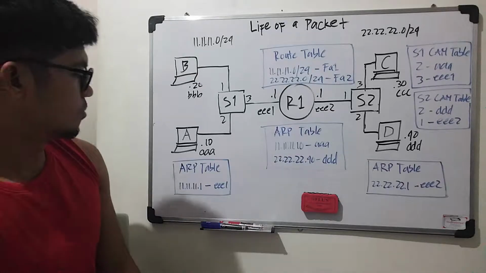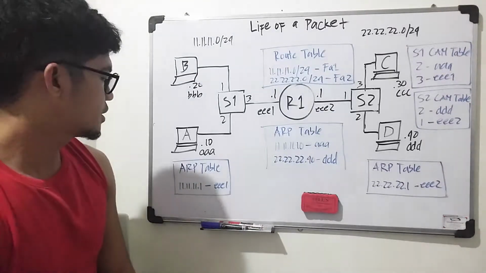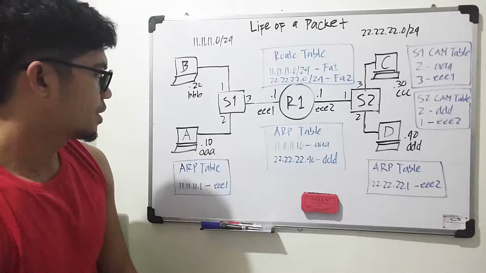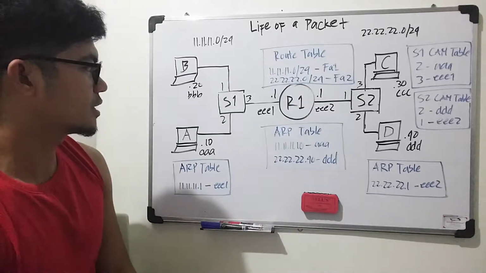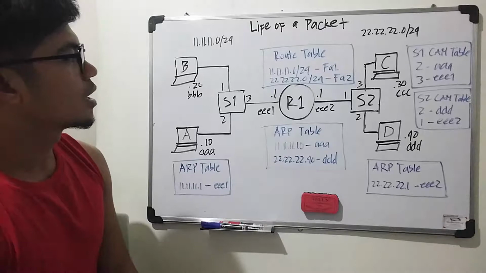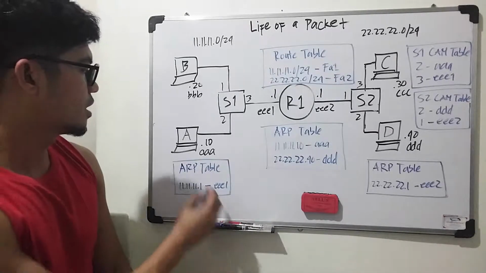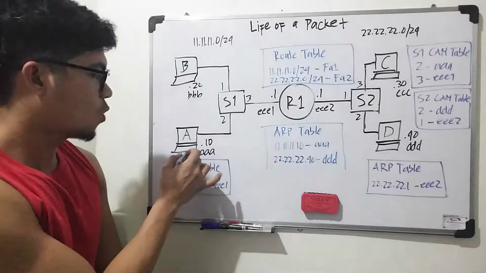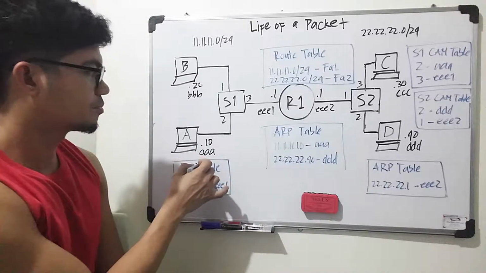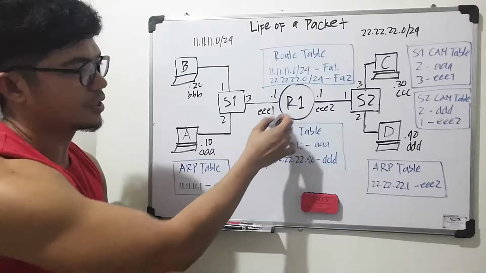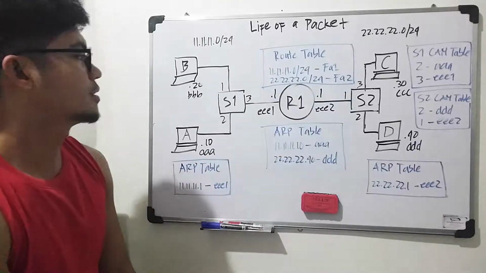And in this case, since the destination IP belongs to another network, PCA or host A is going to send the traffic to its gateway, or to router 1 here.